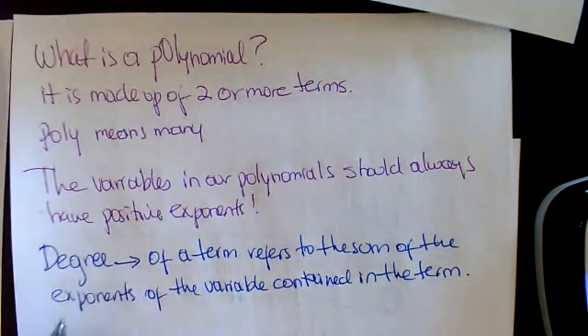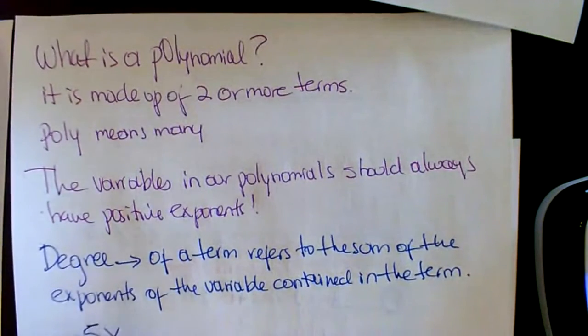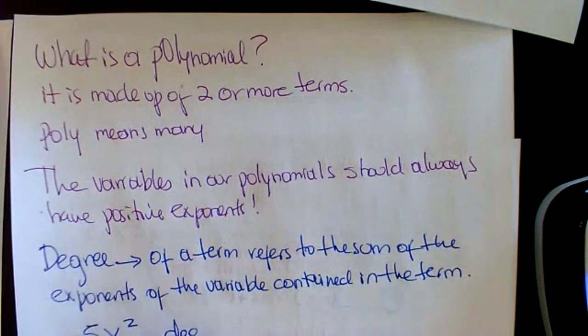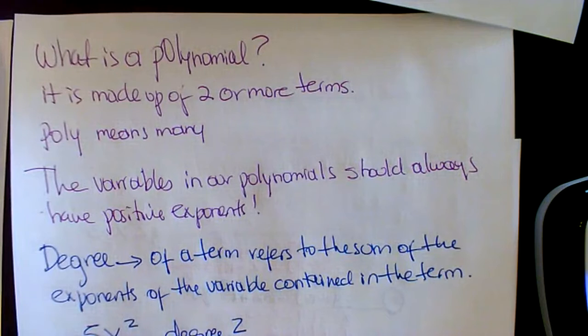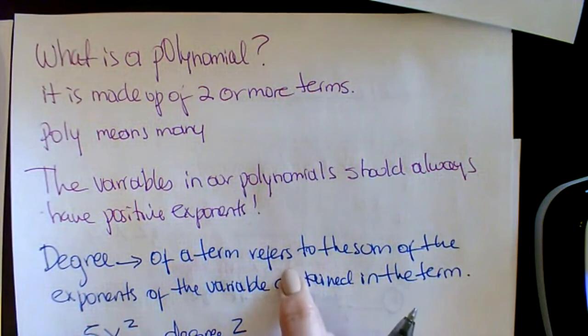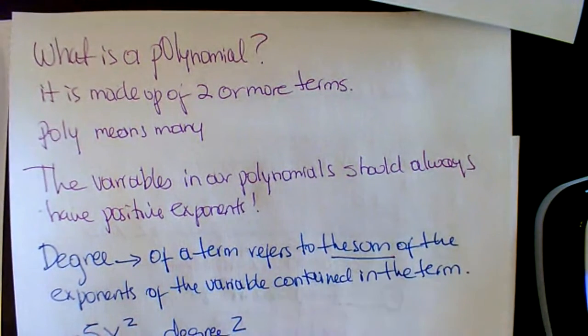So for example, negative 5x squared, what's the degree? It's going to be 2, right? If we have 29x to the third power and y to the second power, we said it refers to the sum, right? So let's do 3 plus 2. It's going to be 5. That's the degree.